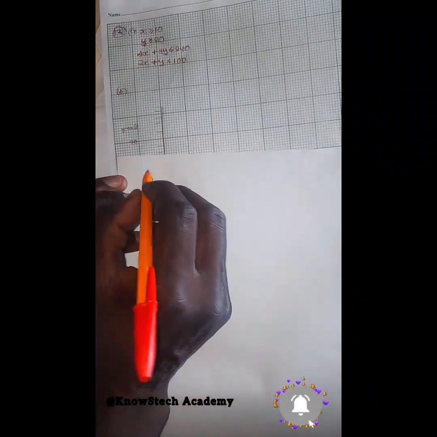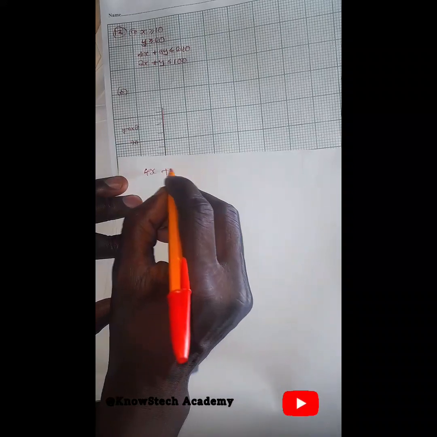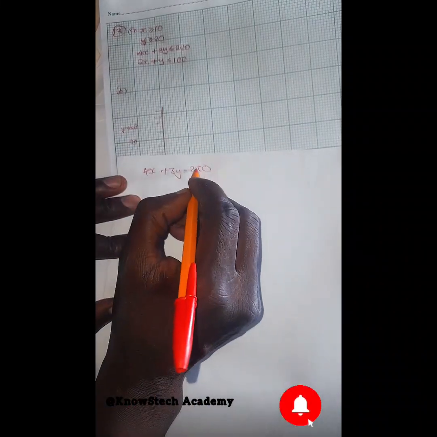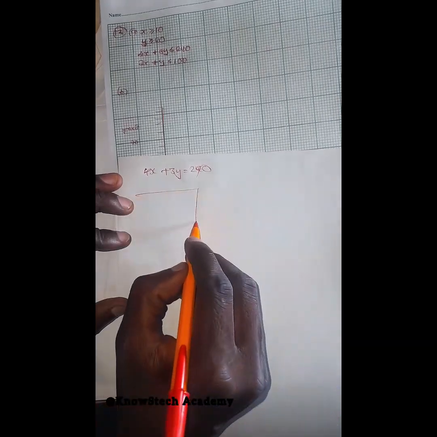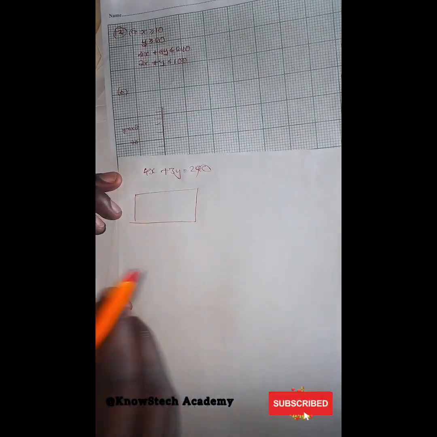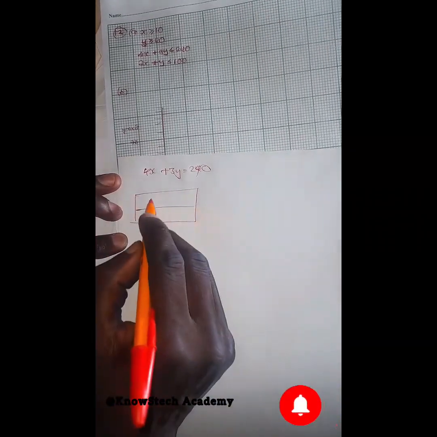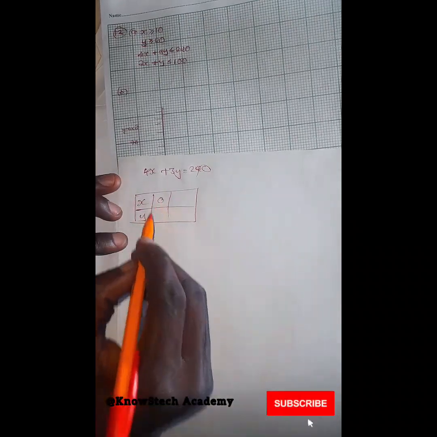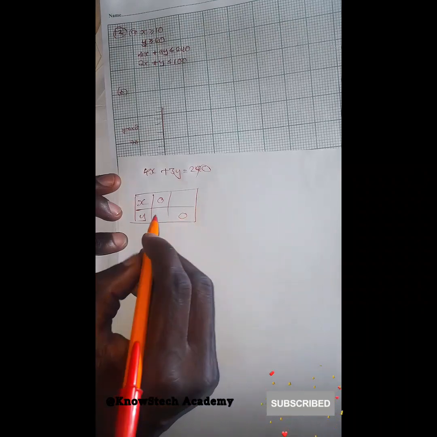So let's solve this. This is 4x plus 3y is equal to 240. So let's just form a table. This is x and this is y. Let's put 0 here and 0 this side.